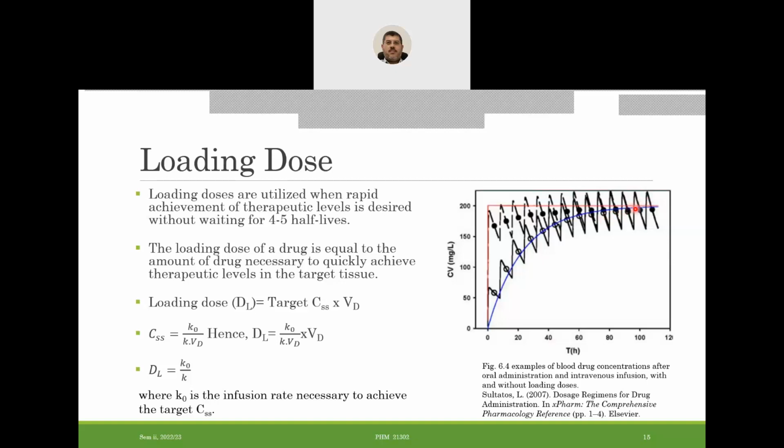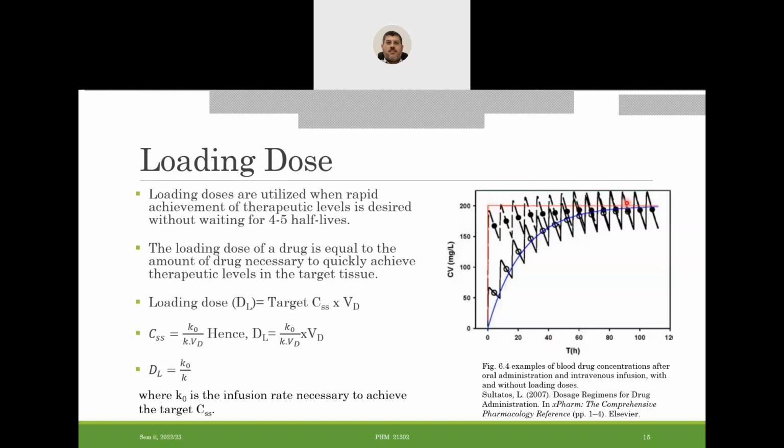You don't want to wait 2 days to reach the level of drug that will give a good effect, so you want to achieve it immediately. So they may give a fast short infusion, or sometimes an IV bolus, but mostly a fast infusion, to achieve the desired steady state concentration immediately.